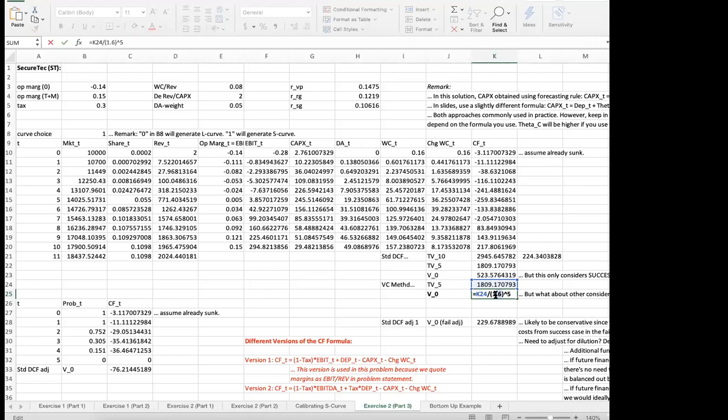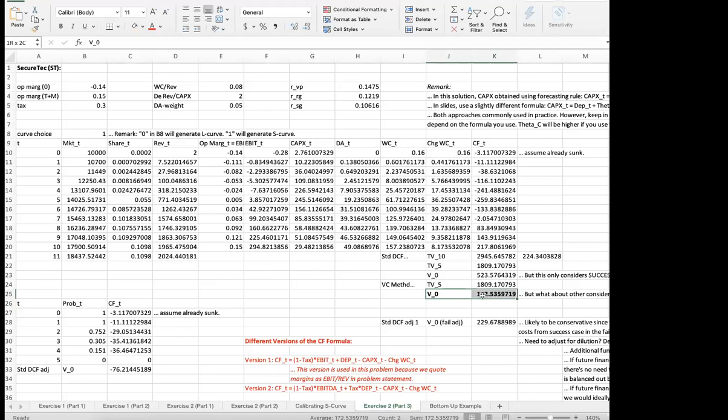Because 0.6 is the usual VC discount rate that we use to go from an exit value conditional on success, which was this number, to the power of 5, because on average, a Series A startup exits in 5 years.